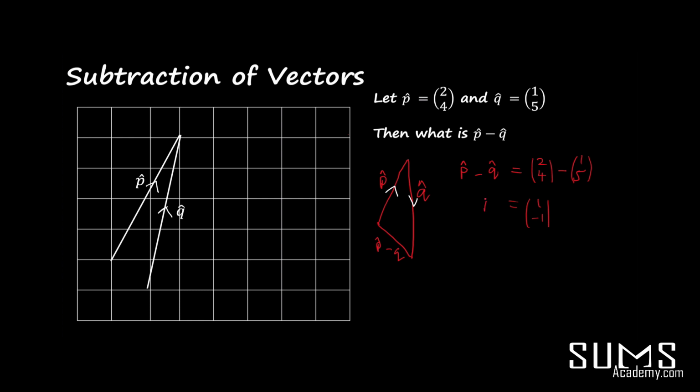So P minus Q is equal to (1, -1). Now looking at the graph, does this make sense? Well, here this is the line of P minus Q. It's going along one and down one. Yeah, that looks like it makes sense.